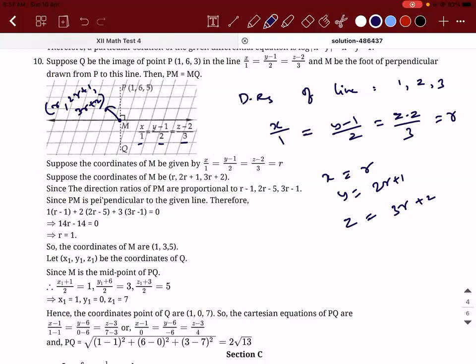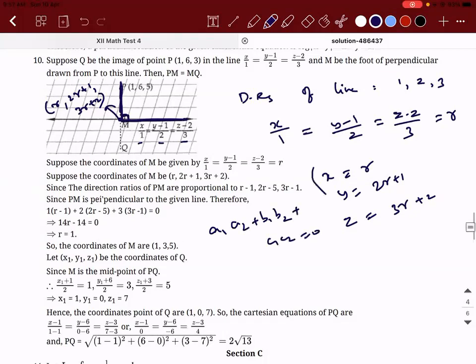What I can say is, this PM and the given line are perpendicular. Then what is the relation between the direction ratios? I can write a1 a2 plus b1 b2 plus c1 c2 is equal to 0.